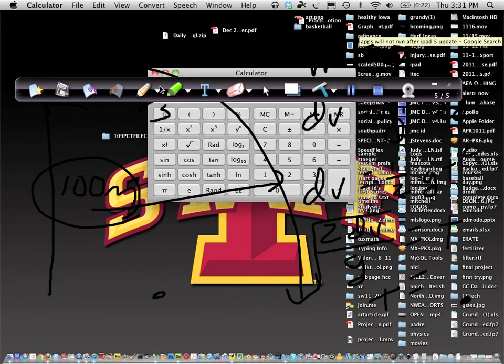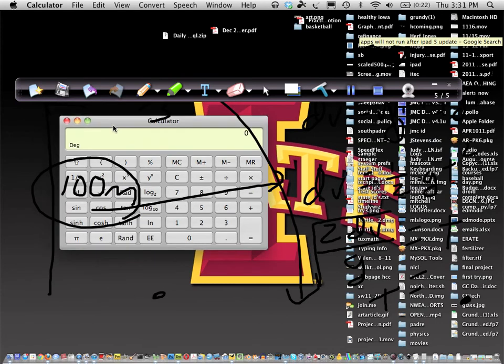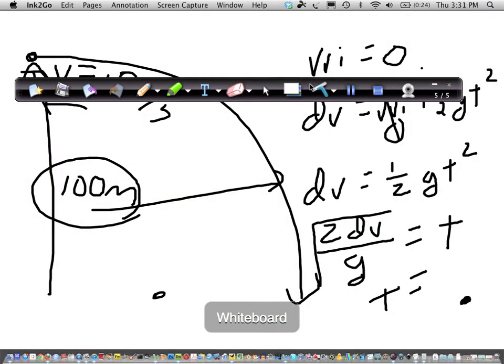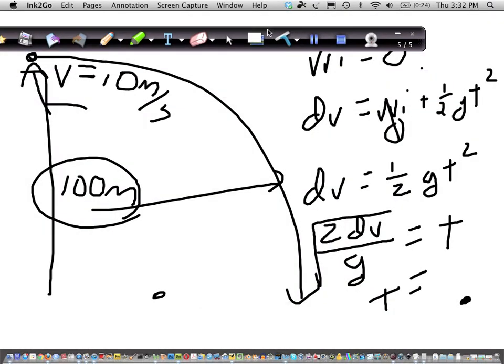Okay, so I come over here and it's 200 divided by 9.8 equals that, and the square root of that is right here, 4.5. So my time is 4.5 seconds. It's going to be in the air 4.5 seconds, but how far is it moving horizontally in this direction?